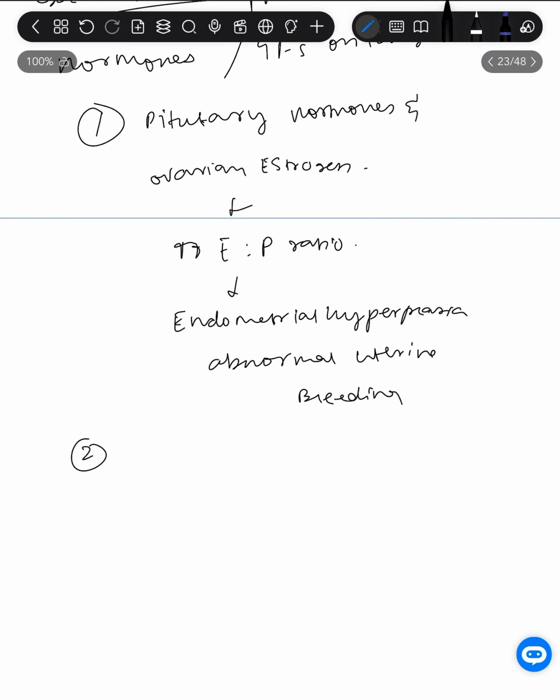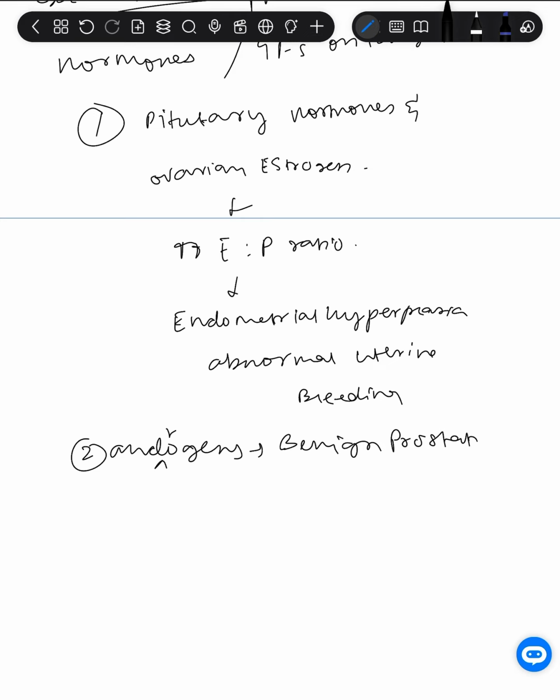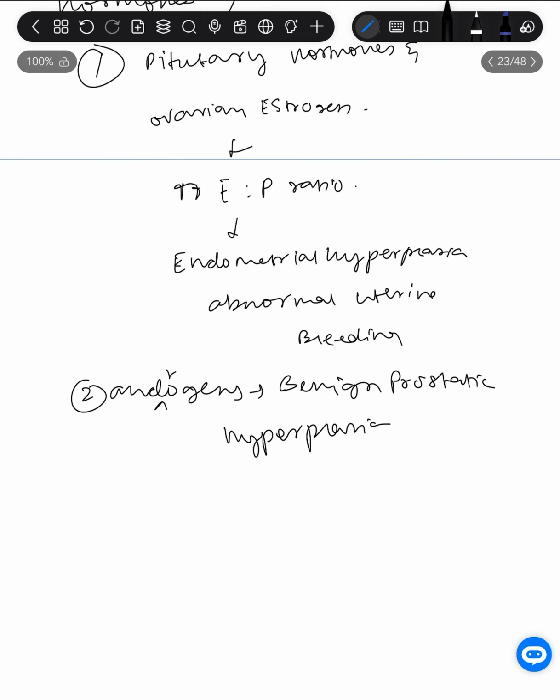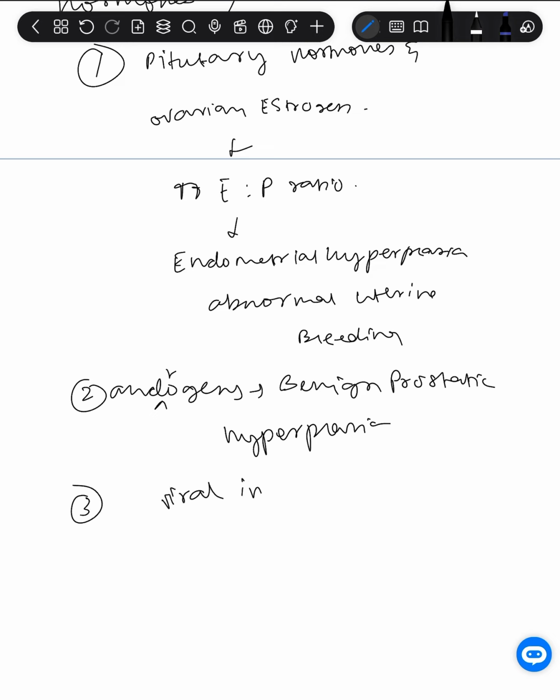Second, because of androgens, we have benign prostatic hyperplasia, primarily in old age. I told you, right? Prostatic hyperplasia is okay, but benign prostatic hyperplasia, that much we don't want. Secondly, the second thing that we know is viral infections, like HPV.